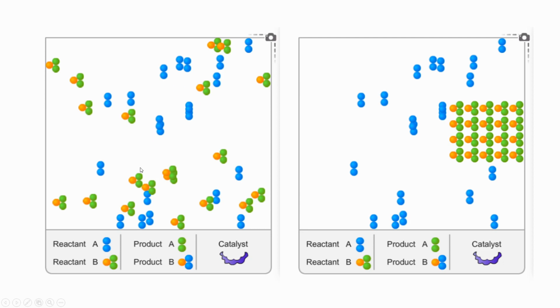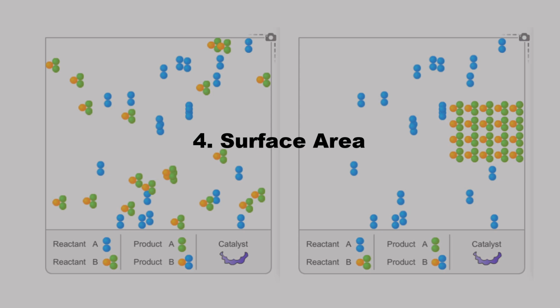So by increasing surface area, we're increasing the amount of reactants that are exposed to other reactants, and therefore we're increasing the number of reactants that are possibly able to collide, and therefore the number that could undergo reactions. So again, surface area is our fourth variable, and increasing surface area increases reaction rate.